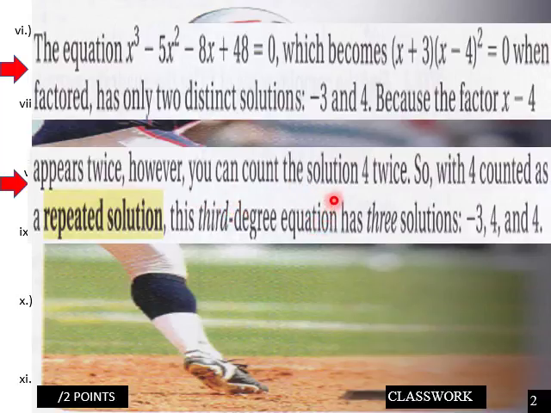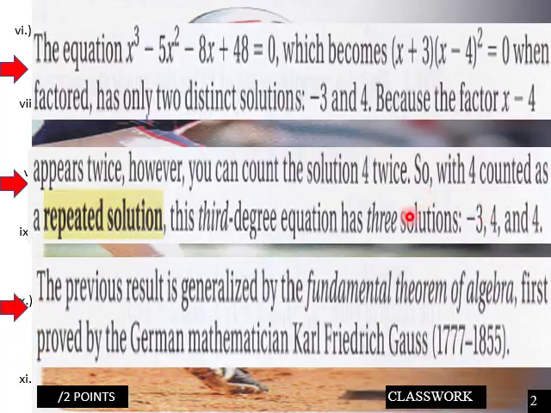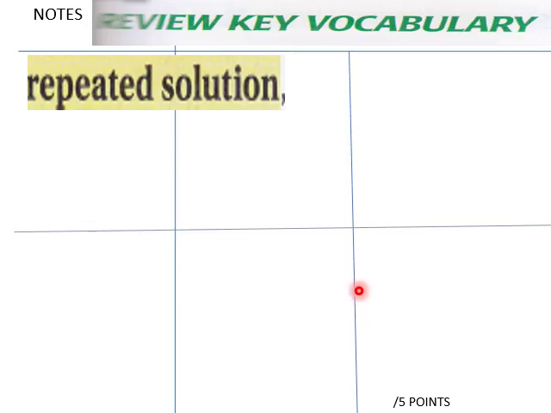However, you cannot count the solution 4 twice, so you would count it as a repeated solution. This third degree equation has 3 solutions: -3, 4, and 4. The previous result is generalized by the fundamental theorem of algebra, put forward by Gauss, 1777 to 1855.